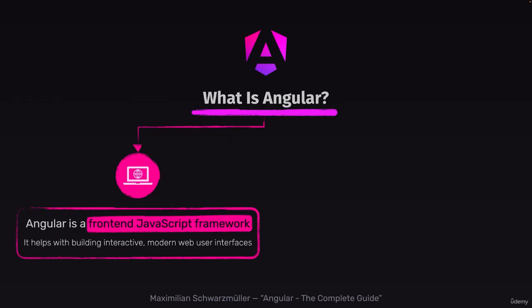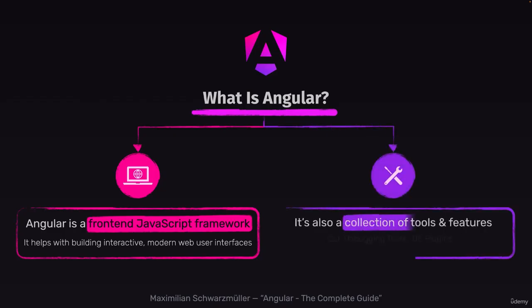But Angular is actually not just this framework part, even though that's the most important part of Angular, but it's actually also a collection of tools that come together with that framework, and a collection of extra features you can use as a web developer.